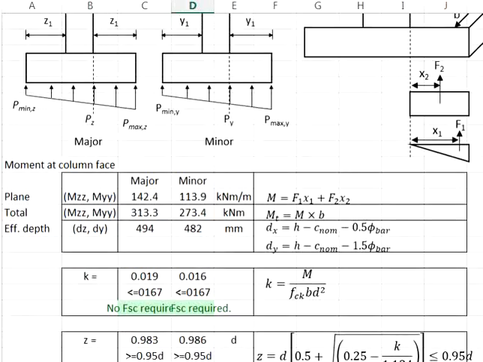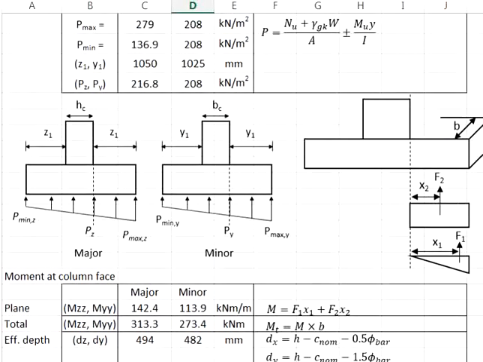Why is it so? If you look at the pad footing, the secondary reinforcement will go in these directions. If you view from this side, it will look something like this. You will have main reinforcement near the soffit and secondary reinforcement here.